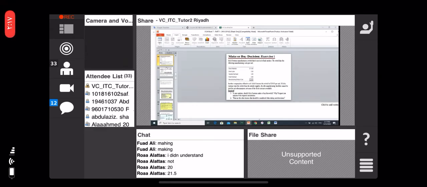So after deciding the amount for making and the amount for purchases cost, you need to compare. I will say go to making if the making cost is less than purchases cost. So here in our exercise, did the making cost exceed the purchases cost?